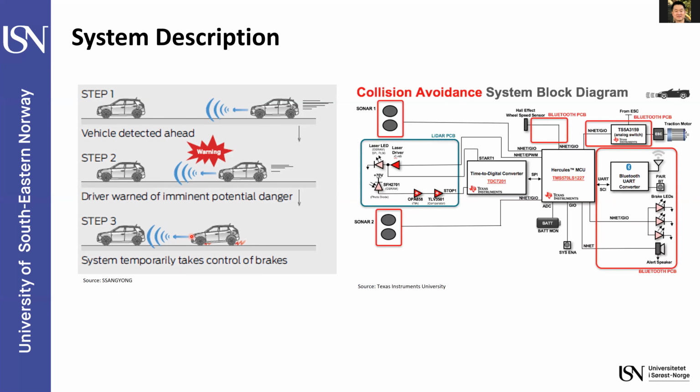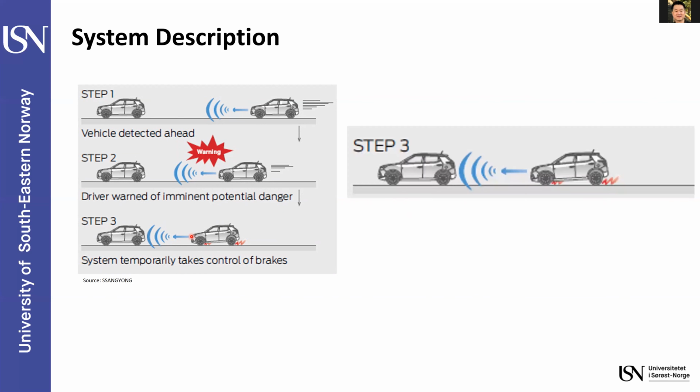And this is a system block diagram of a collision avoidance system. But in our exercise, let's make it simple and focus on step three only. So if the car approaches too close to the front car, then we will have the automatic brake engaged.